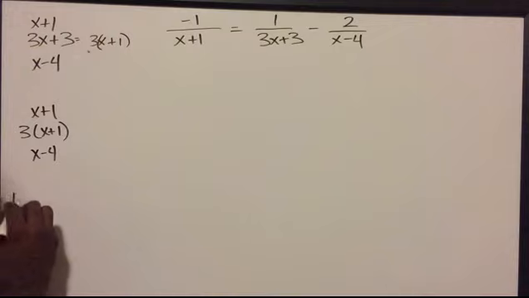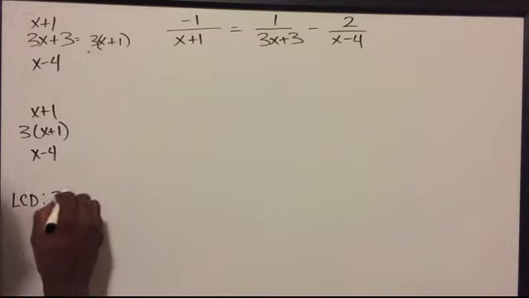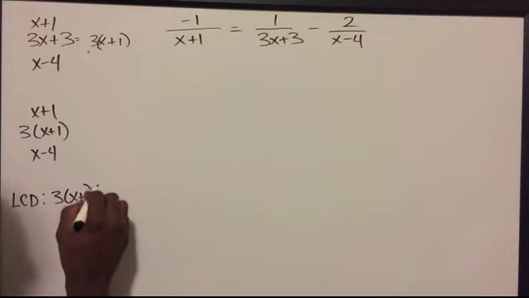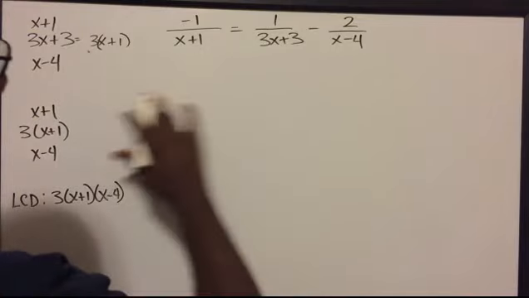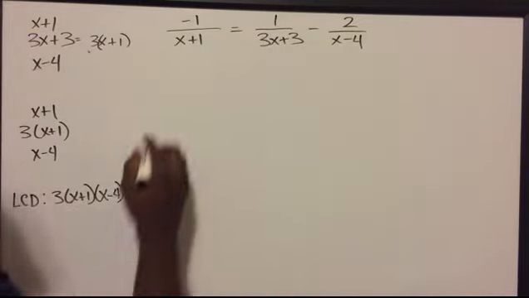Okay, now that we have that, we know that our LCD here will be 3 times x plus 1 times x minus 4. Now that we know that, let's come over here and let's multiply everything by our LCD.